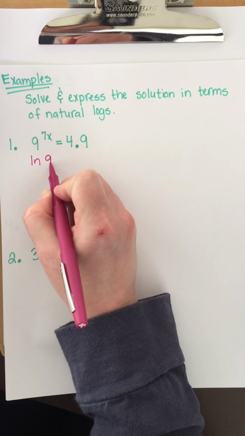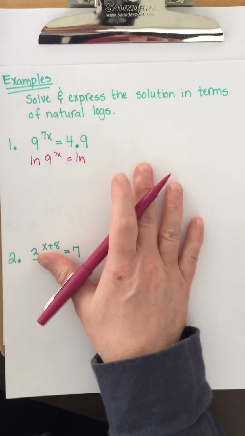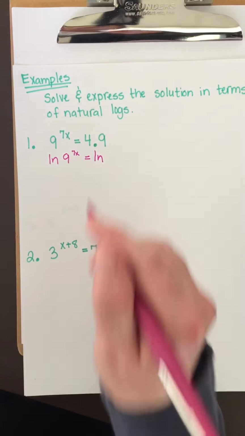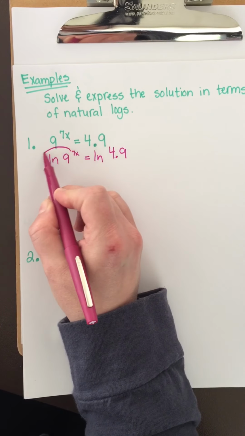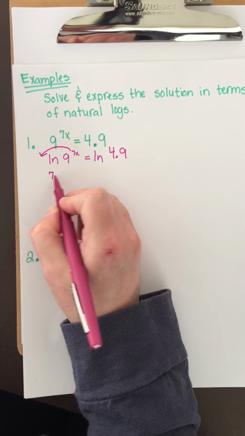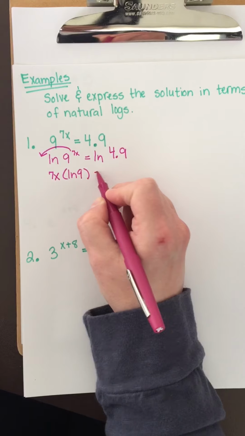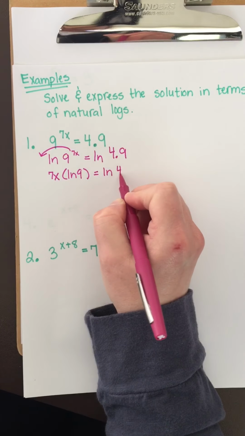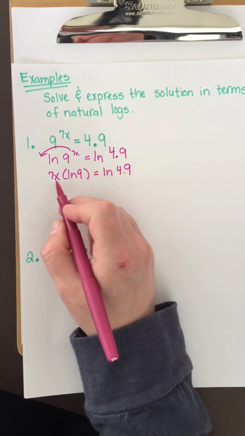So I do the natural log of 9 to the 7x is equal to the natural log of 4.9. All right, and now I'm going to move this exponent out front and multiply. So I have 7x times the natural log of 9 is equal to the natural log of 4.9. To undo this multiplication, I'm going to divide.